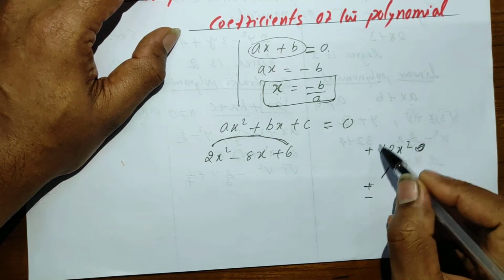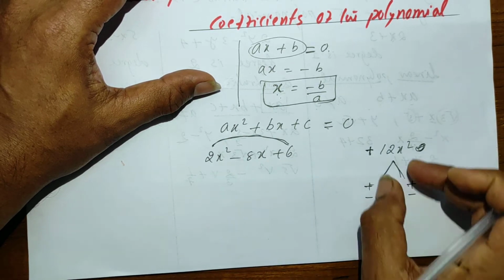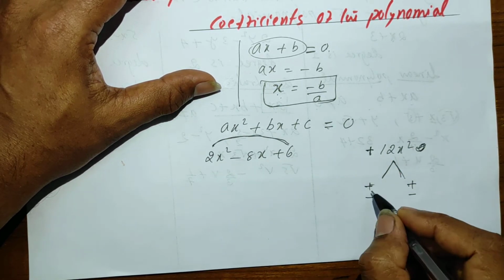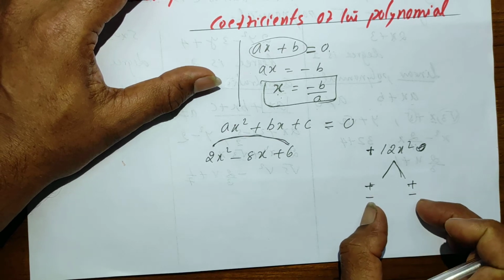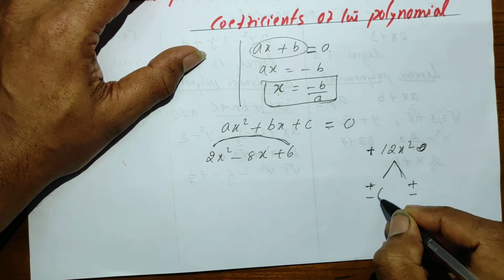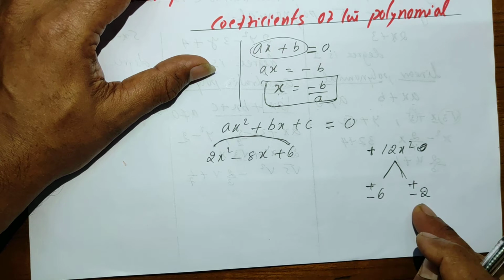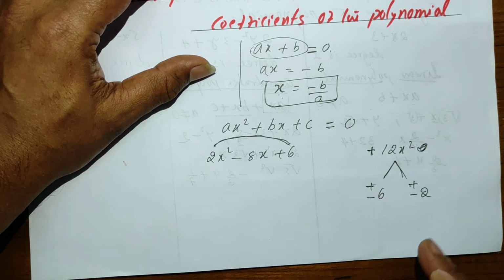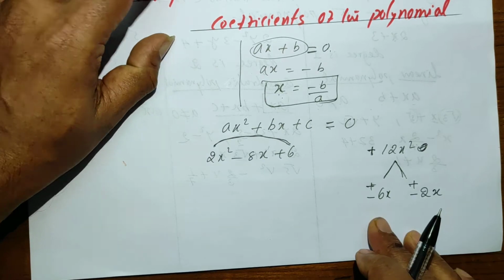Did you understand? The product of the first term and the last term is plus, and both the factors should be plus or both of them should be minus. So let me write 6 2s are 12, both minus. Okay, 6x and 2x.